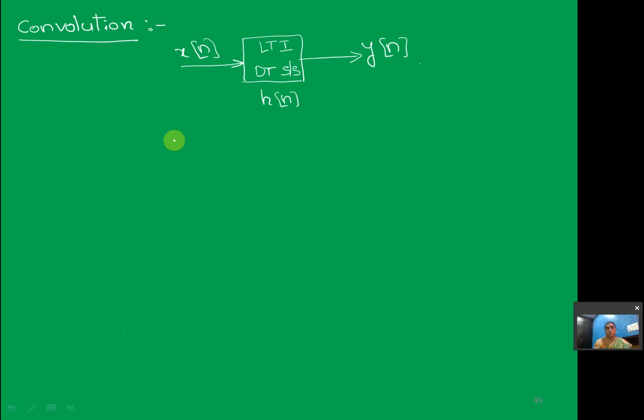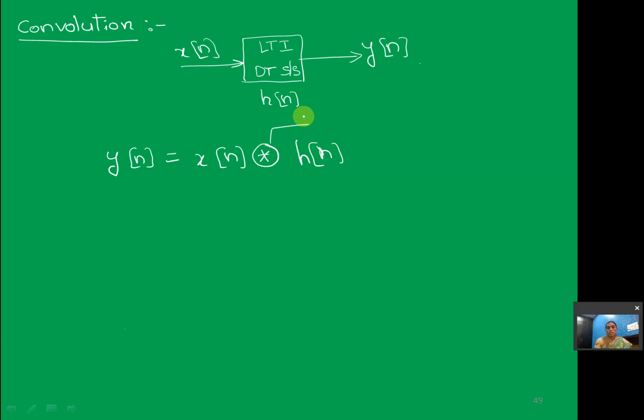This system produces the output as y of n. To determine the y of n, based on the input and system response, y of n is determined from the convolving between the x of n and h of n.